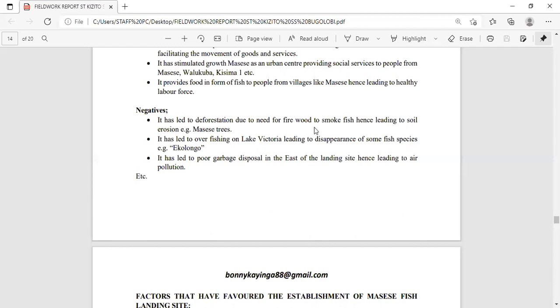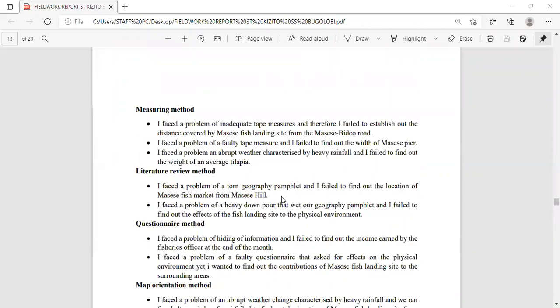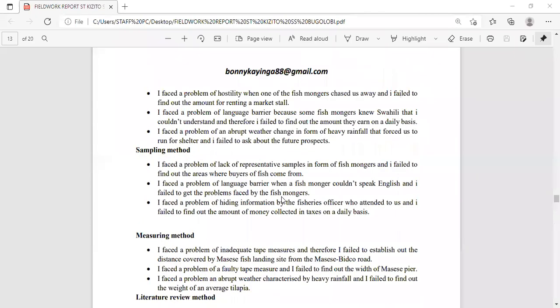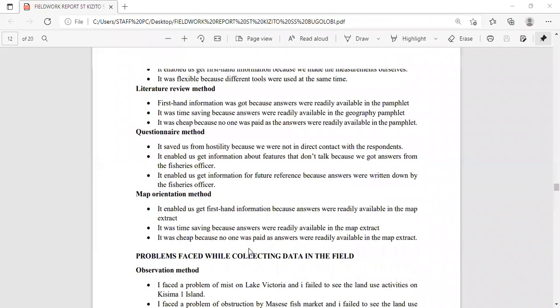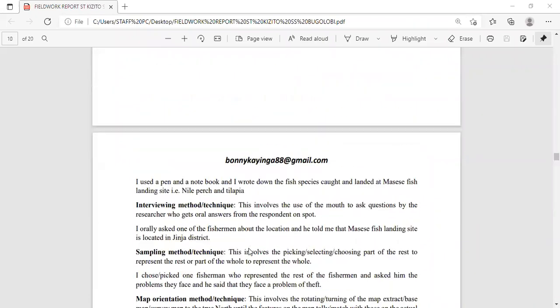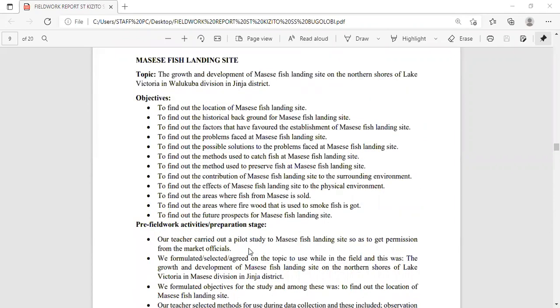We continue with, I think last time we talked about follow up, but before we go to follow up, let us first look at what takes place during data collection. During data collection, of course, we have problems faced while collecting data. We have skills gained while collecting data.